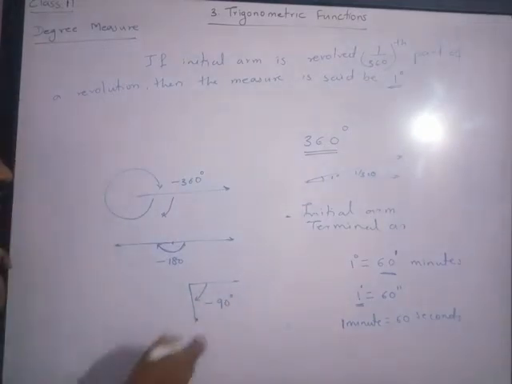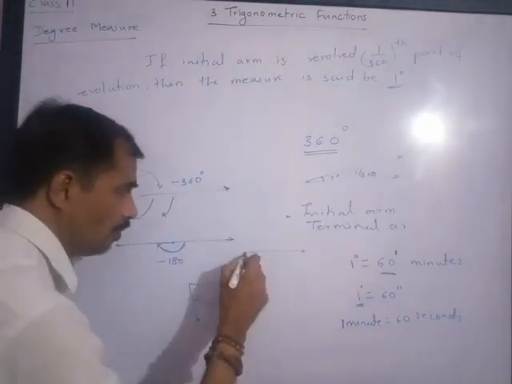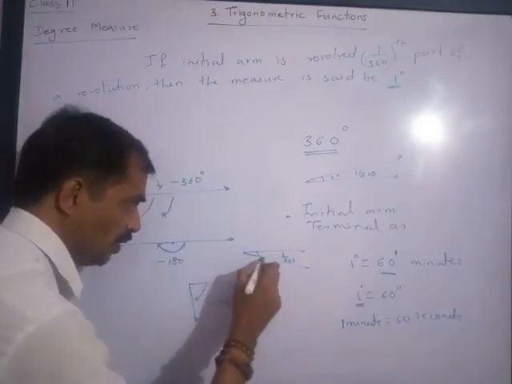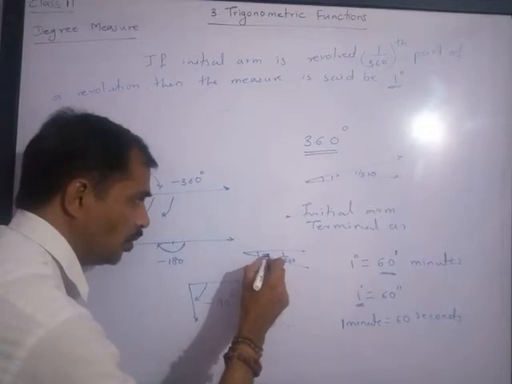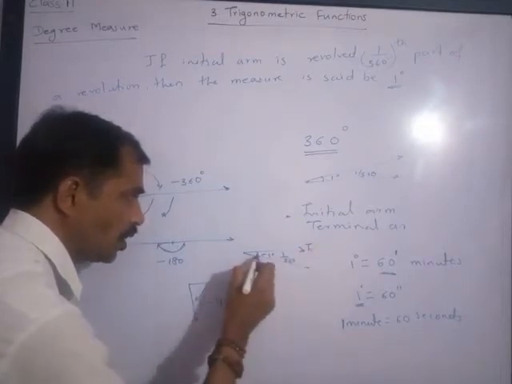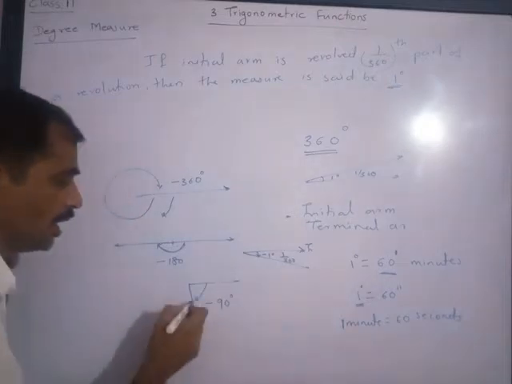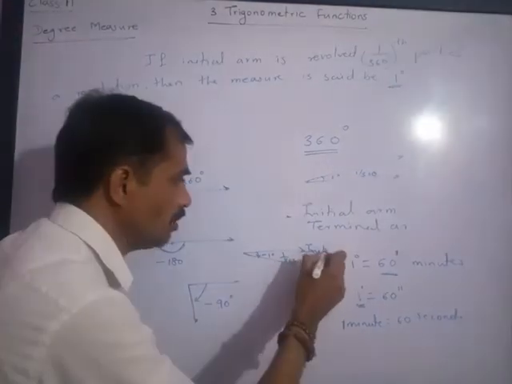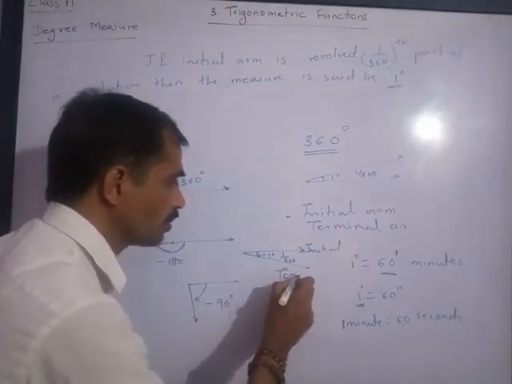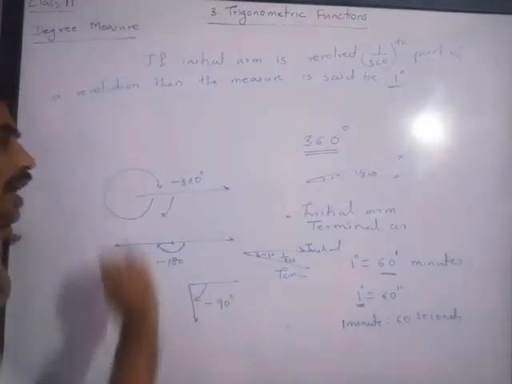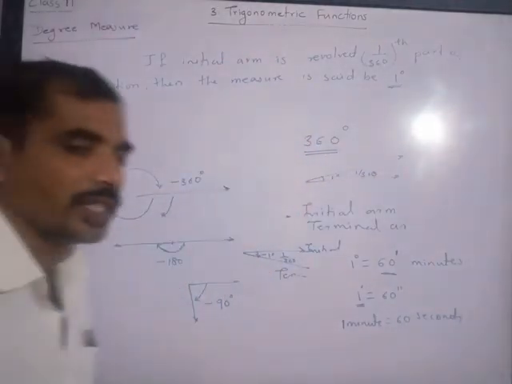If it is rotated 1/360th part of the circle, then this will be negative 1 degree. This is the initial arm and this is the terminal arm. So if it is rotated in clockwise direction, angles are negative, and if it is rotated in anti-clockwise direction, angles are positive.